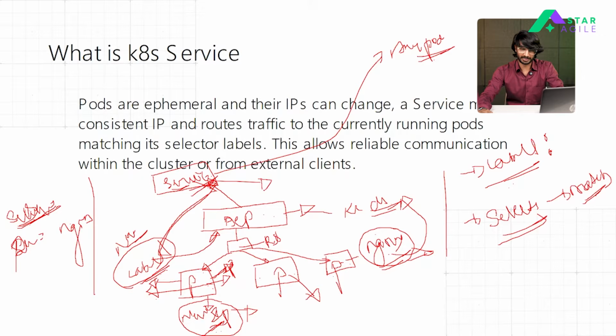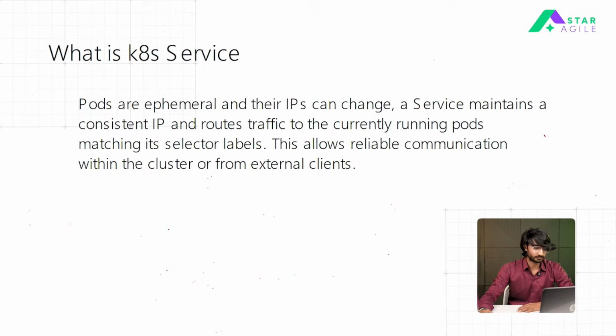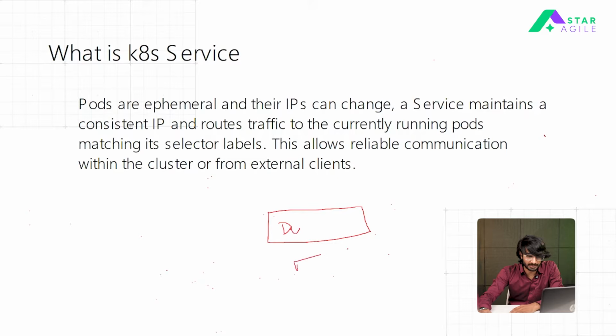Right. So let me clear this one. Let me draw the diagram clearly, and we'll try to understand what it does here. Right. So first things first, this is the thing, people. This is the proper diagram of your Kubernetes service. This is the deployment. It will in turn create a replica set. What is a replica set?